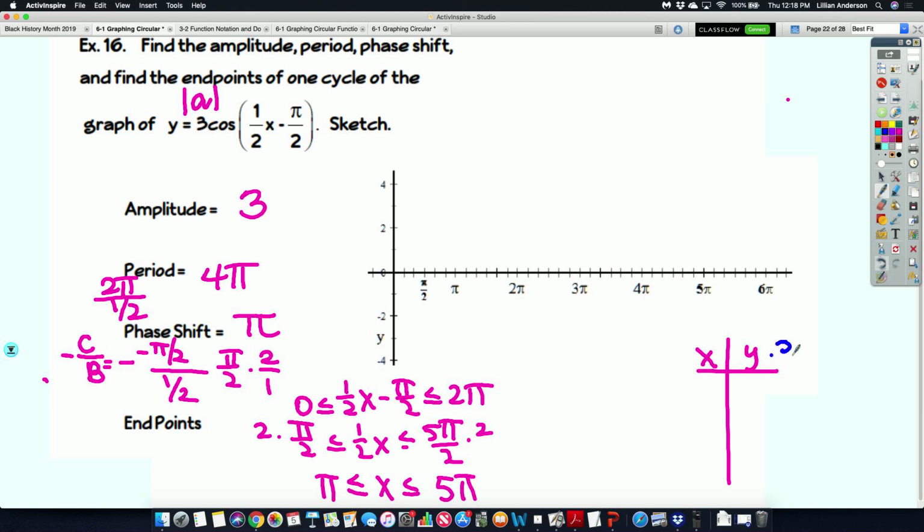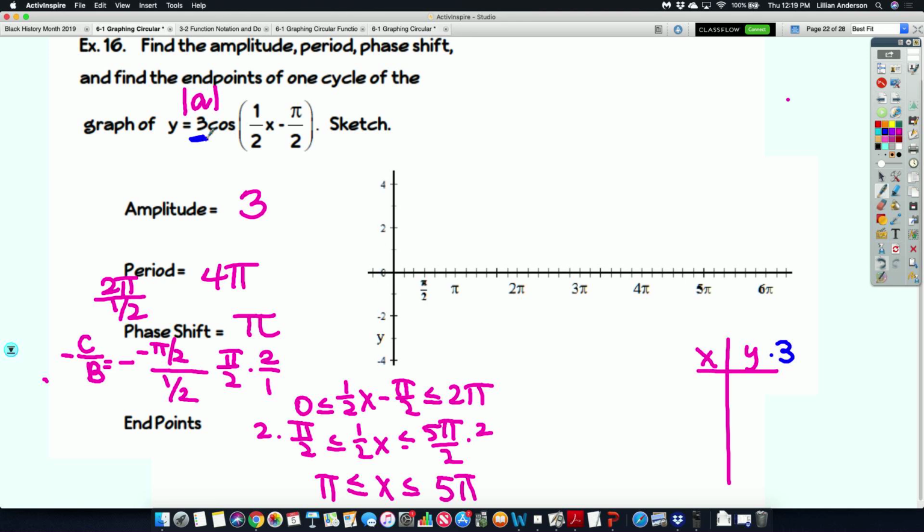Multiply by 3 because that's the amplitude. Am I going to add anything to it? The y's? No. What am I doing to my x's? Multiplying them by? It's 1 over b.